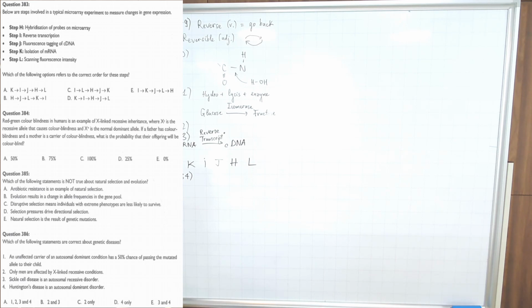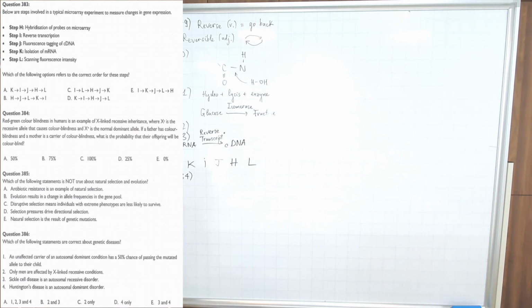Red green color blindness, mù màu đỏ lục. Red-green color blindness in human is an example of X-linked recessive inheritance, where Xc is a recessive allele that causes color blindness, and X plus is a normal dominant allele.